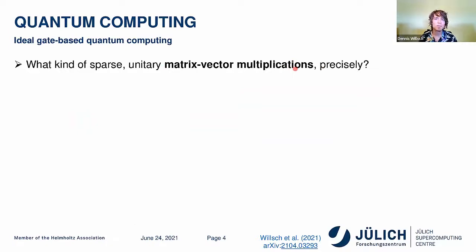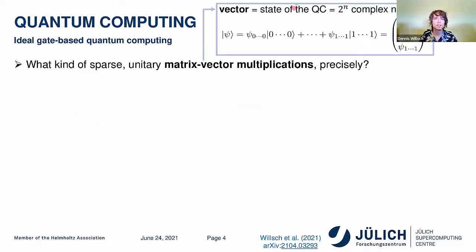So what kind of sparse unitary matrix vector multiplications? The vector in these multiplications is the state of the quantum computer, and that is basically just a huge bunch of complex numbers. So for an n-qubit system, we have 2^n complex numbers. And we have them all in a large array on the supercomputers distributed over several GPUs.